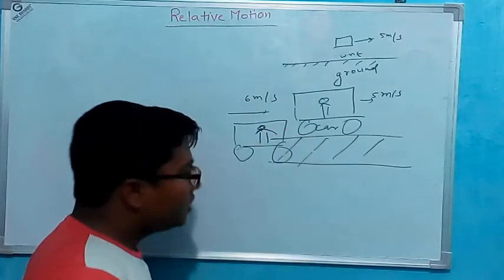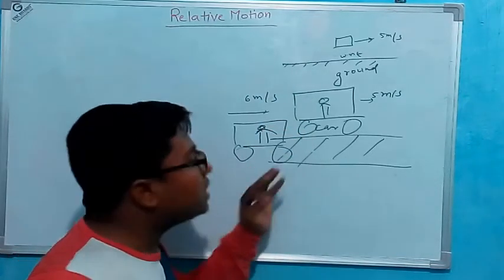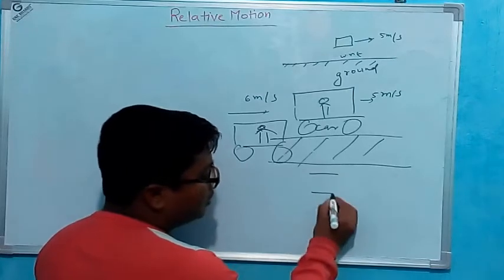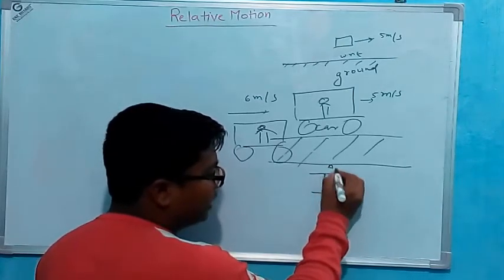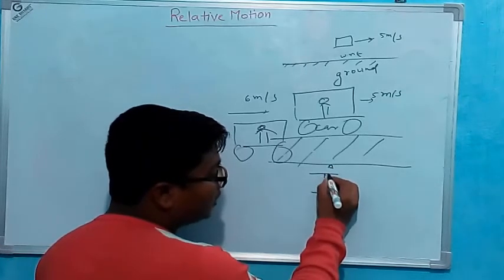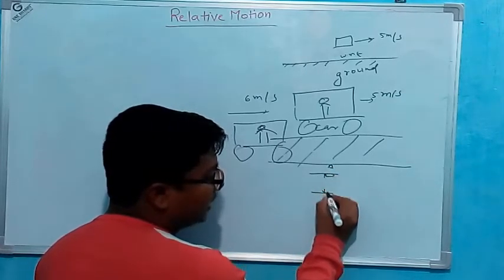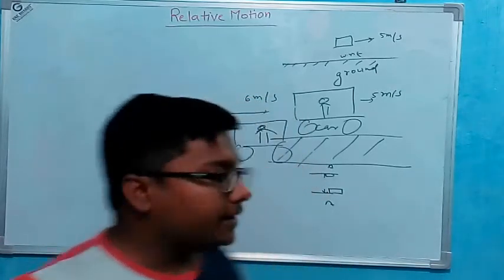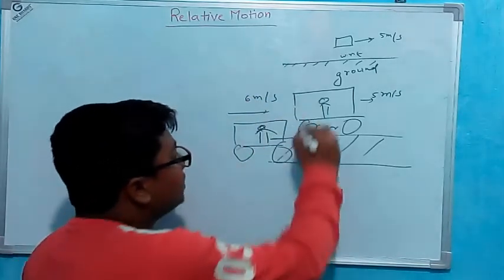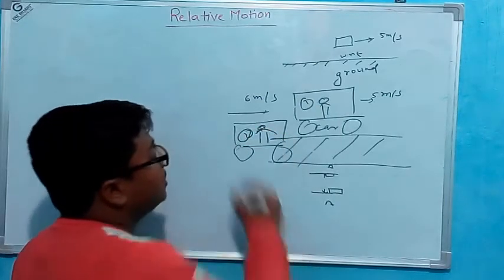Okay, when both cars are at the same place, let's see a point A, this is a car and this is a car, first car, second car.